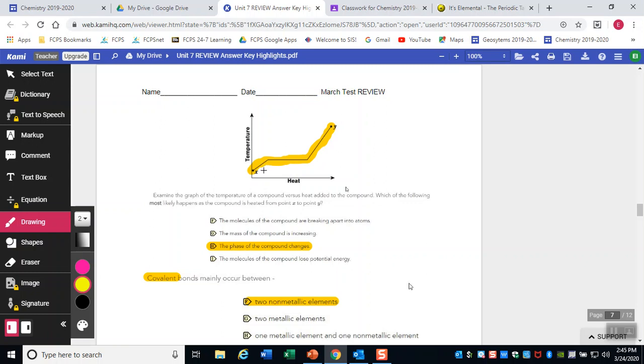So here it would be a solid, all right, and then it melts to be a liquid, right? And then the next thing it would do, it would evaporate and become a gas. So we've got a solid to a liquid to a gas. Remember, this would be your freezing, melting, and this would be your evaporation and sublimation. What's the condensation? All right.